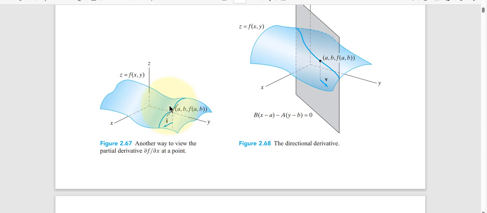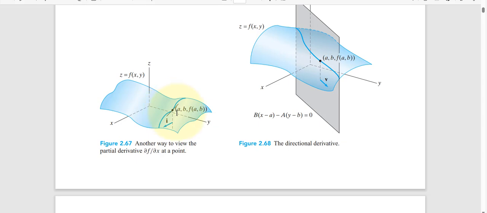Maybe, for example, this could be in the y direction. We don't ascend at all. We don't get any higher or any lower. I can't tell with this picture whether that's actually true or not, but it sort of looks like it might be true. If we just move a little bit in this direction, we don't change our height at all when we start at this point.